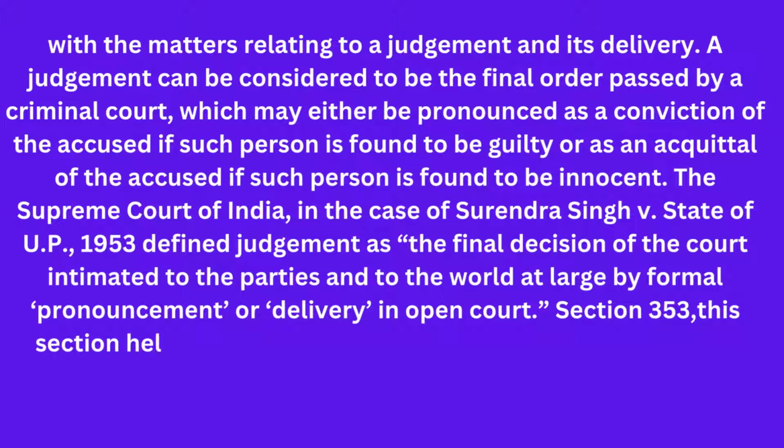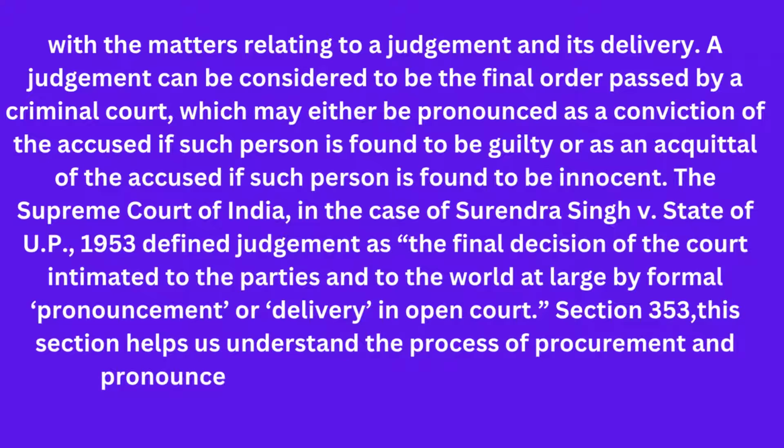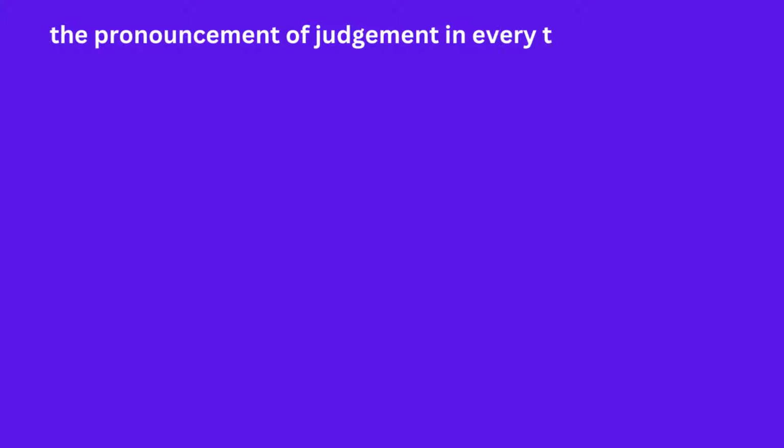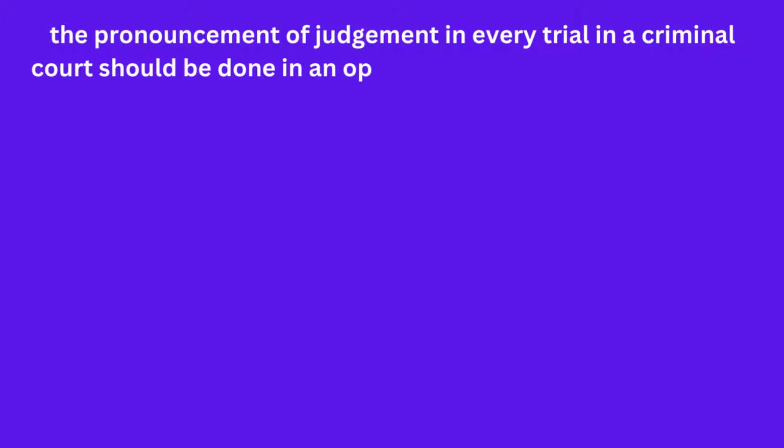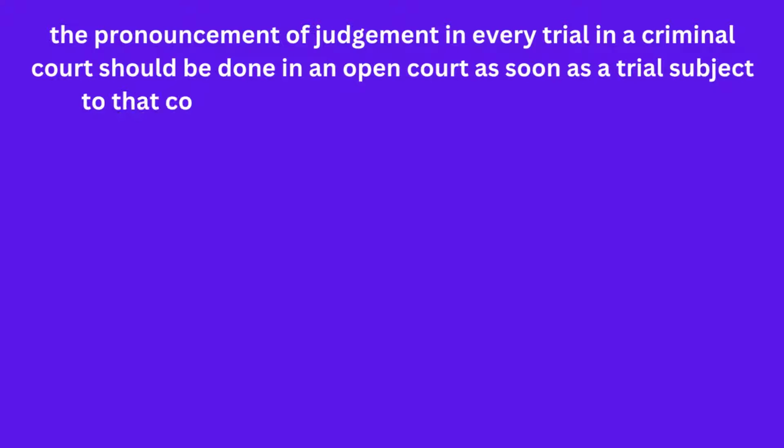This section helps us understand the process of procurement and pronouncement of a judgment. It says that the pronouncement of judgment in every trial in a criminal court should be done in an open court as soon as the trial is terminated.